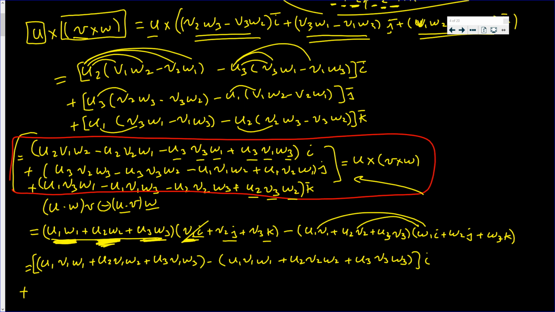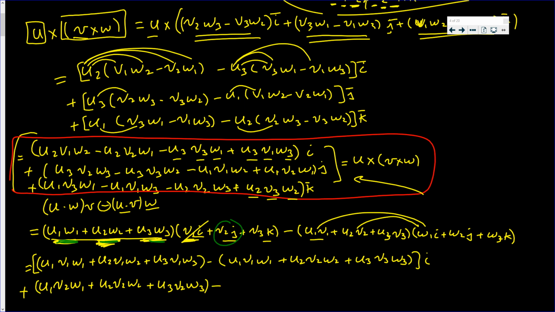I multiply each of these three with V2 j now. And I'll put the V in the middle. So you get U1 V2 W1 plus U2 V2 W2 plus U3 V2 W3. Those are in the j direction, excuse me.